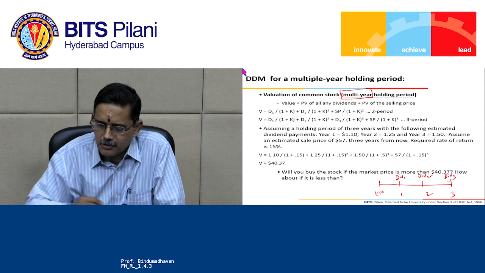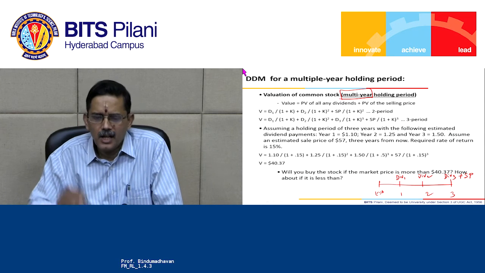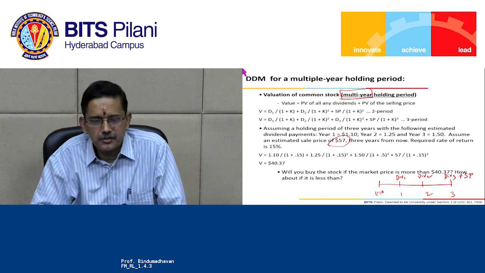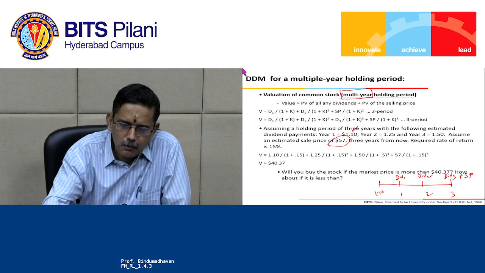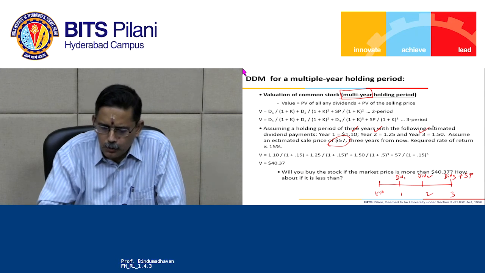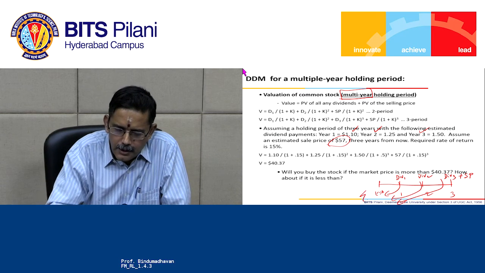What might be the dividend after 3 years? And then we are also going to sell it after the end of 3 years at a certain price. So here we are told that the selling price after 3 years is 57. We are making the assumption. And we are told what is dividend 1, what is dividend 2, what is dividend 3. We are given. So then what do we do? We have to discount each of these to today. All we have to do is discount it and then add it up.